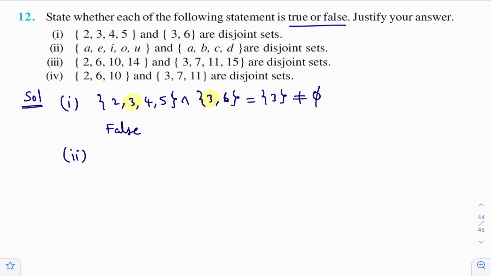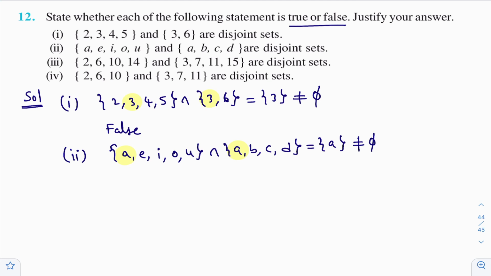Now come to the second bit. Again they are saying that they are disjoint sets. I'll check: {A, E, I, O, U} intersection {A, B, C, D}. A is the element common to both. Is any other element common? No. So when we do their intersection, we get the singleton set {A}.